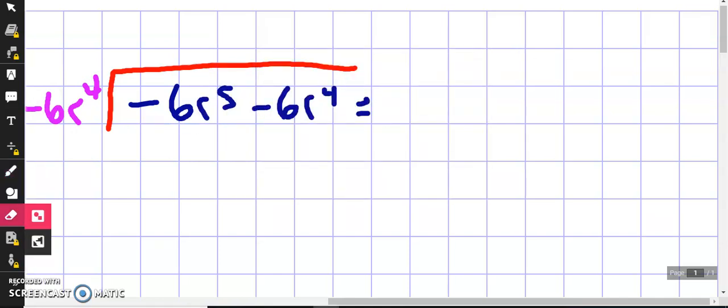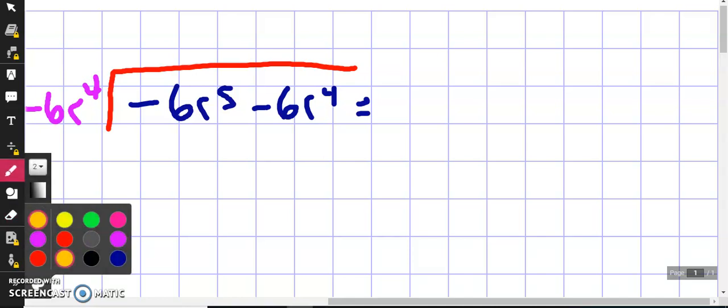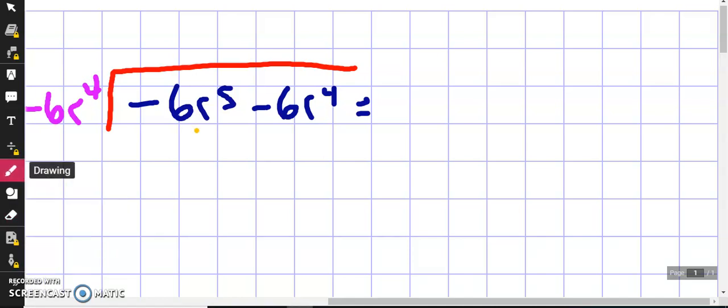And then I'll go through and divide to figure out what goes on the top. So negative 6 divided by negative 6 is a positive 1. I see r to the 5 and r to the 4, so I'm missing a single r.